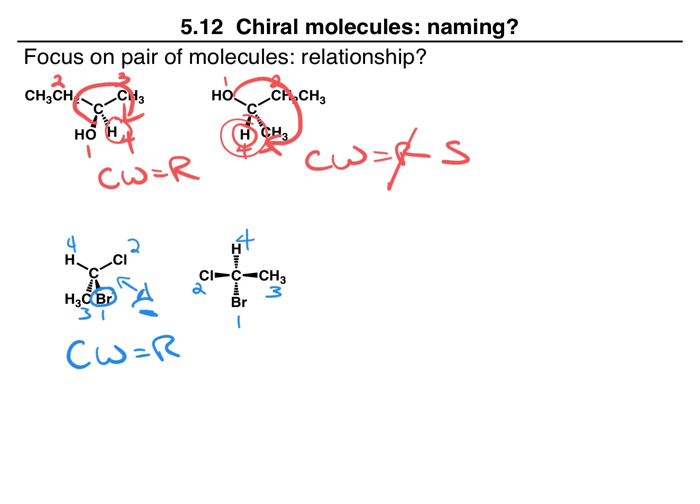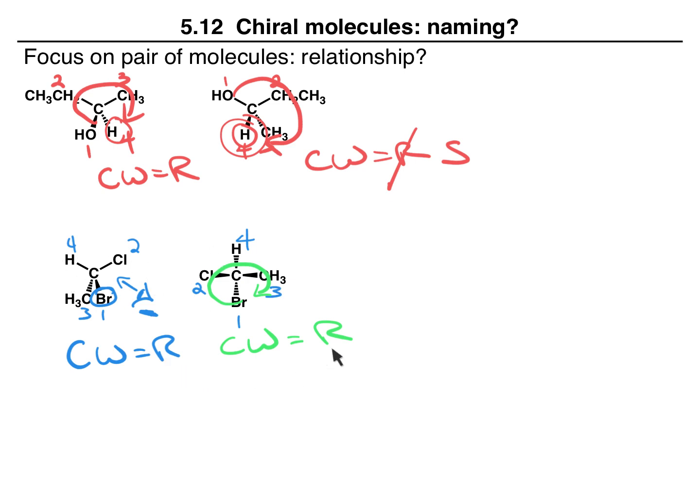Now, even though this one is written in a different way than these others, we have our lowest priority back. So that's what matters. Now, if we go 1 to 2 to 3, this is clockwise, which is R. So these two have the same groups attached.